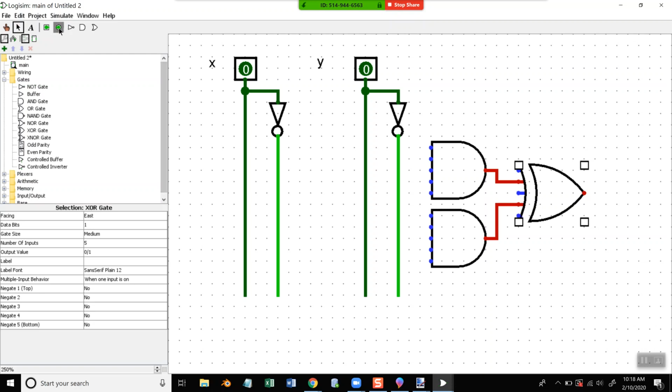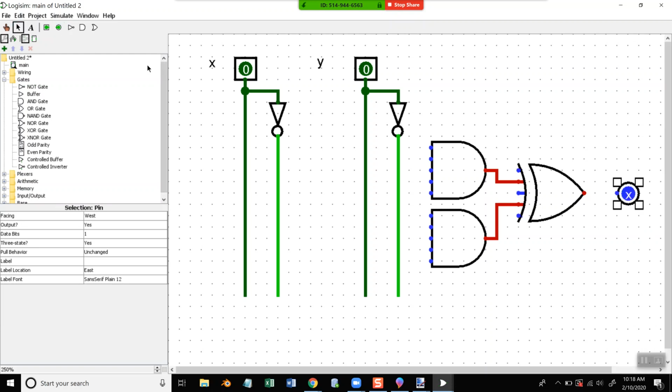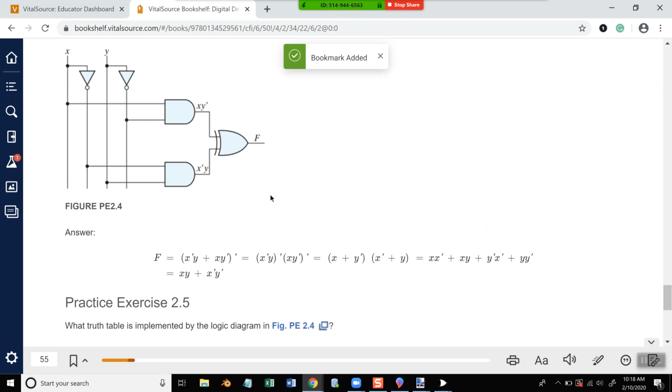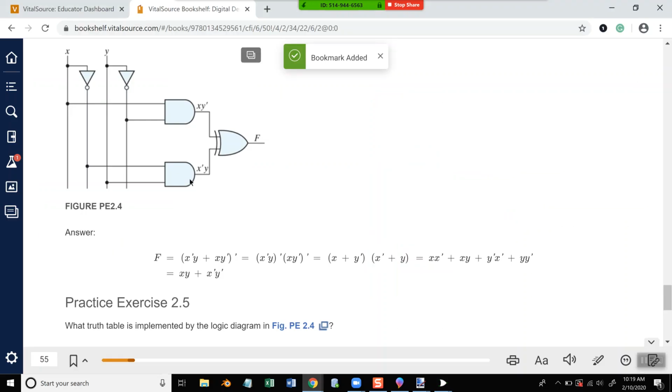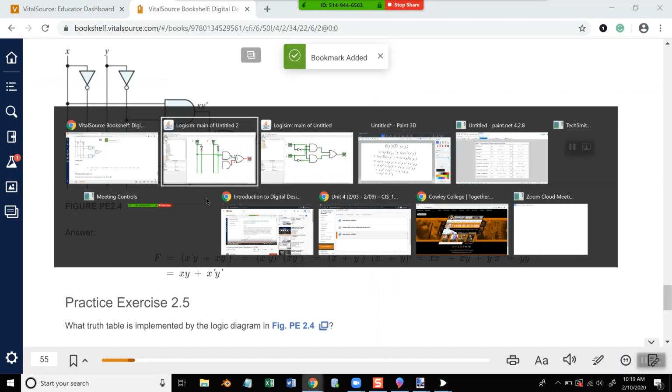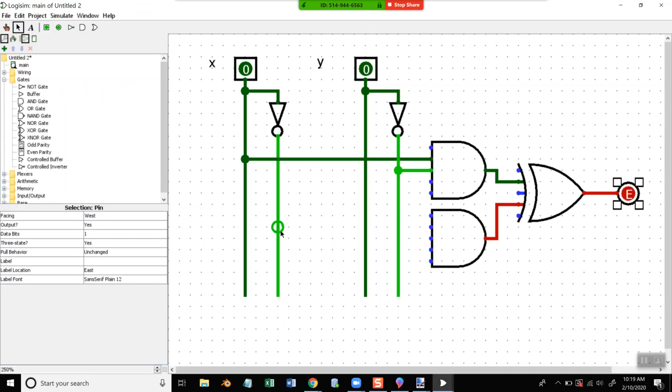And that's going to go to our output. Okay, so our first one is coming from X and not Y. So X and not Y. Our second one is coming from not X and Y. Not X and Y.